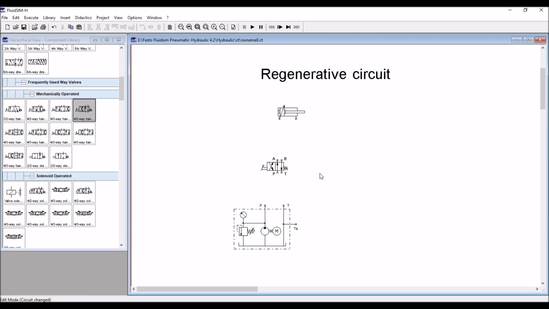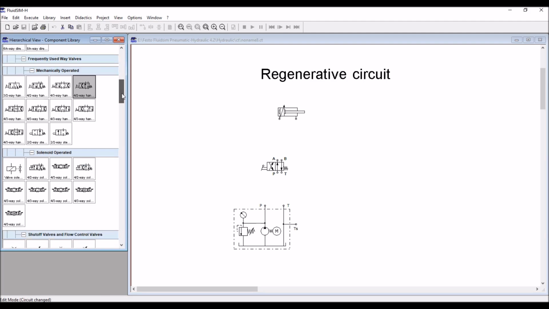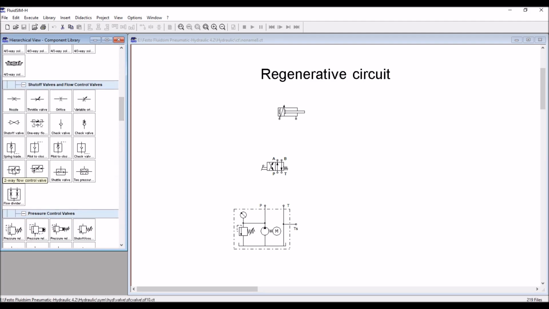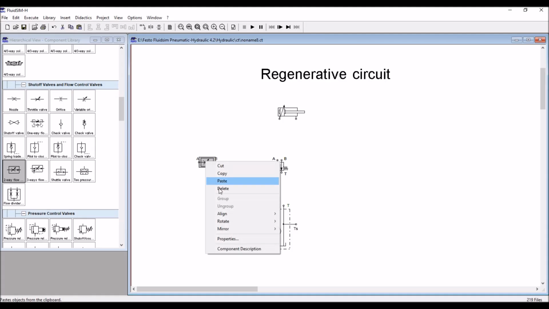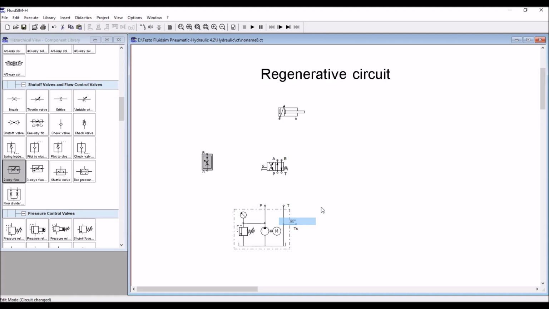So this one, and we should take a two-way flow control valve, rotate it by 90 degree. I will have it at the input side. P is connected to P, T is connected to T. Extra T port is there, that you connect to T again.